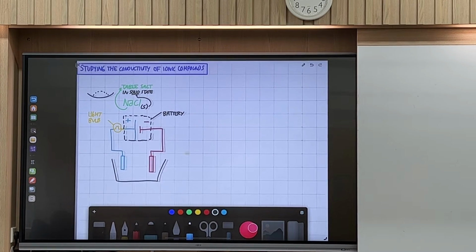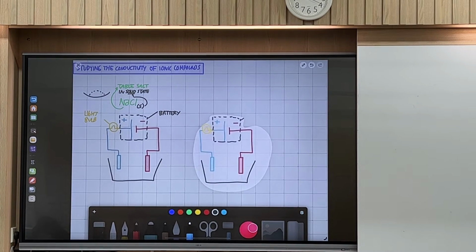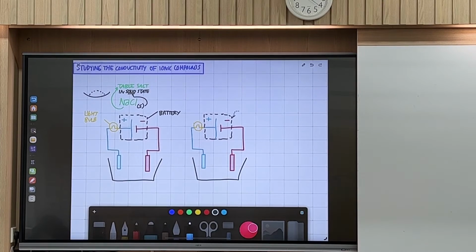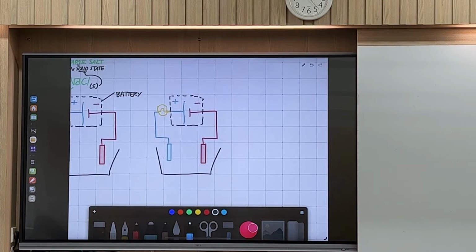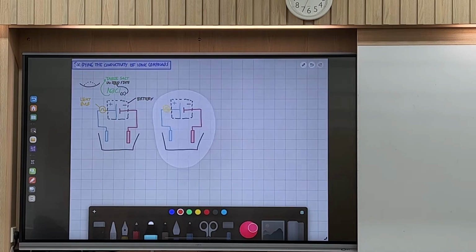Currently, can you tell me if this circuit is completed or not? Before I put anything in that container, it's not complete, right? So you can draw a line here on the side to show that it is broken. So this is an incomplete circuit, and this is why the light bulb shouldn't light up.